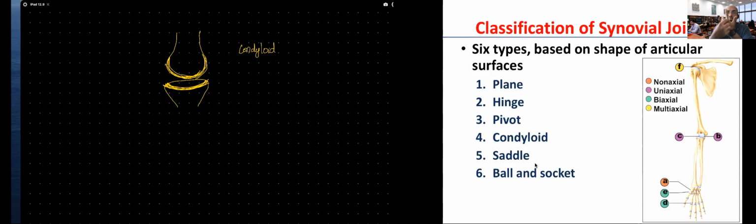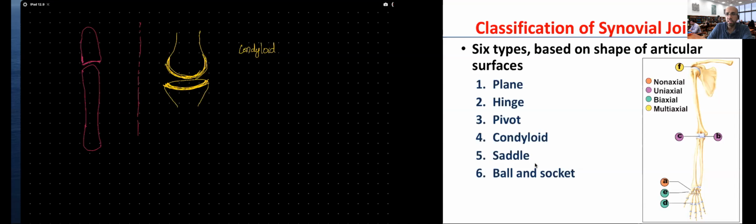Like the articulation between the proximal phalanx and the metacarpal bone on here. So if I want to see an example of a condyloid or ellipsoid joint, this is my metacarpal bone and this is my proximal phalanx. Let's say this is the midline of the body.